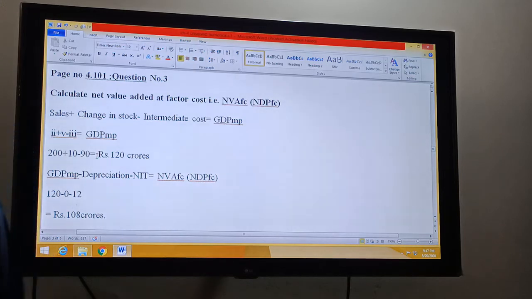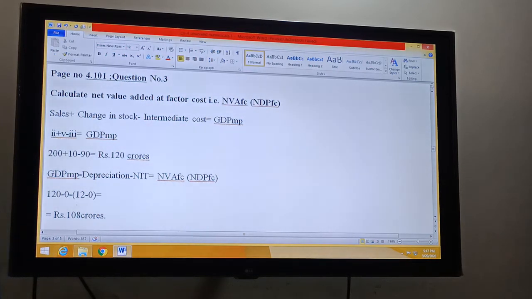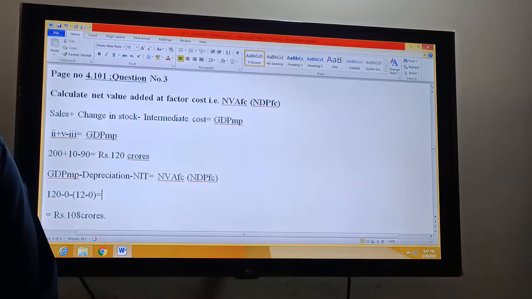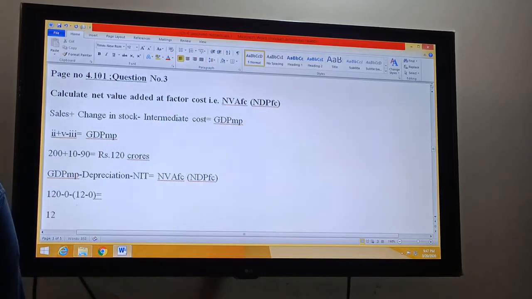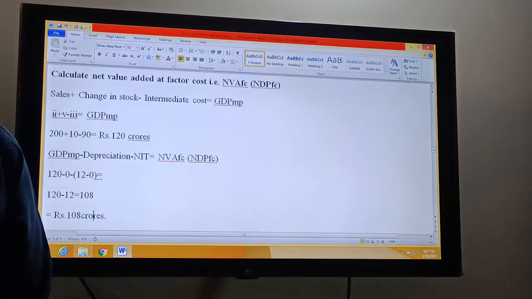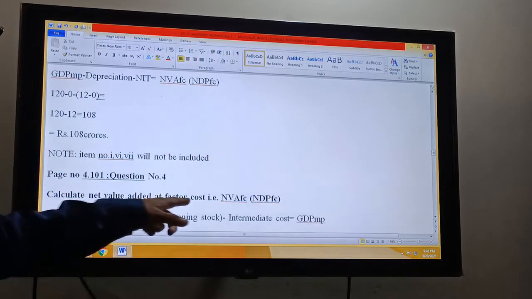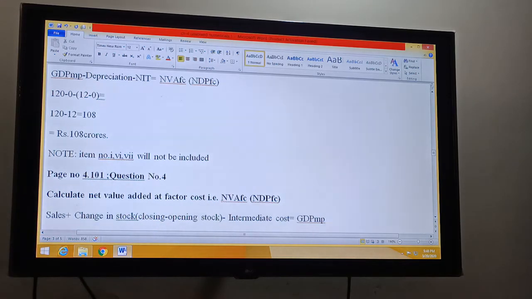NIT we can do like this: IT 12 minus 0 because subsidy is not given, so that is equal to 12. 120 minus 12, that is equal to 108 crore. That is your final answer, 108, and we have already mentioned the units also.